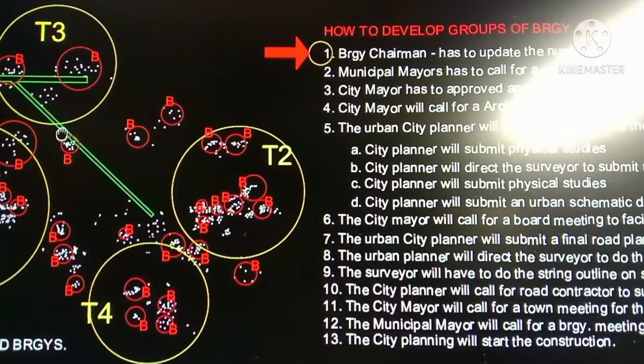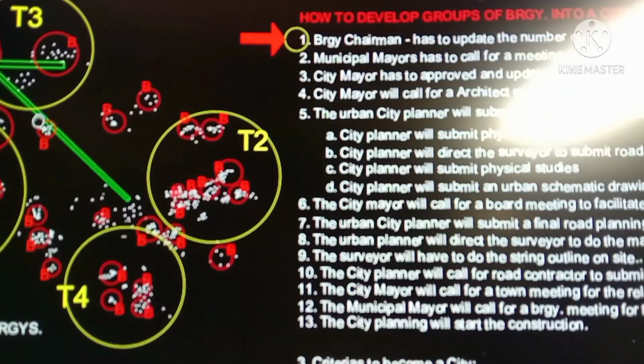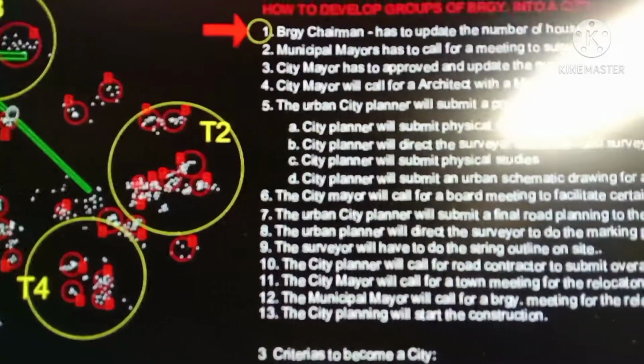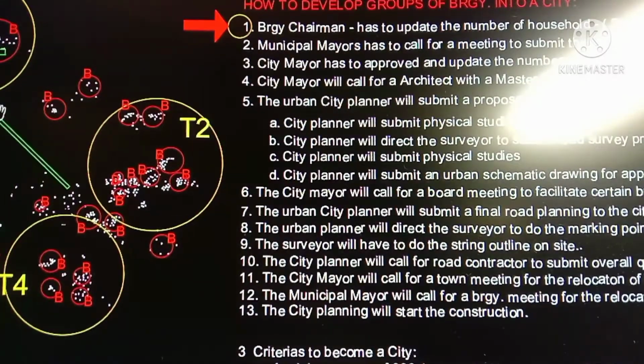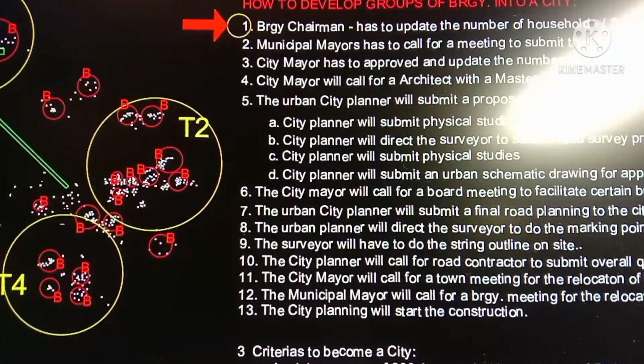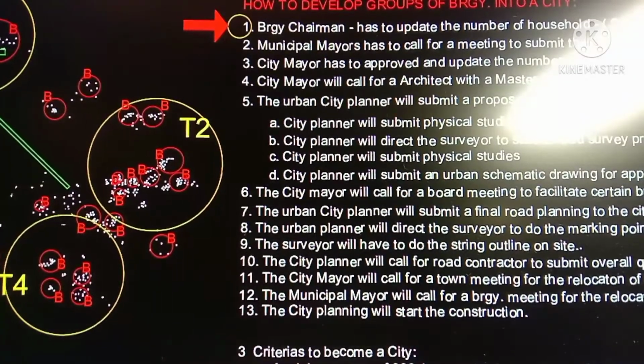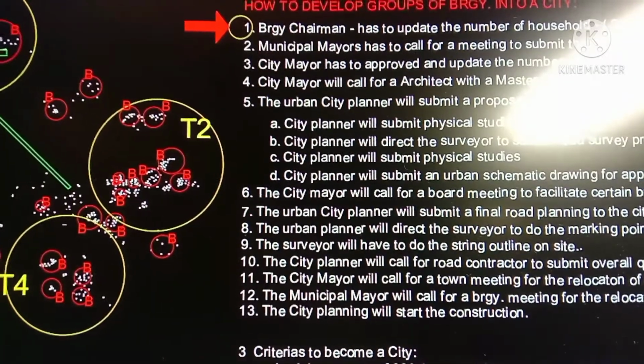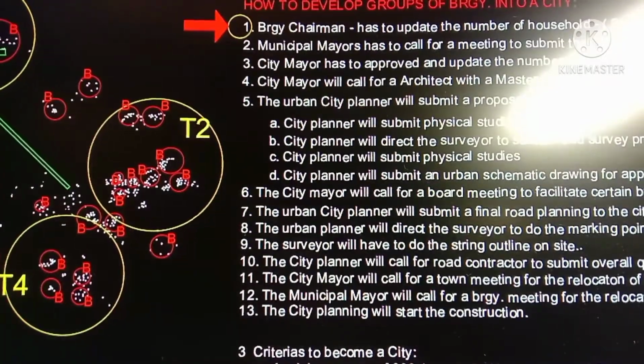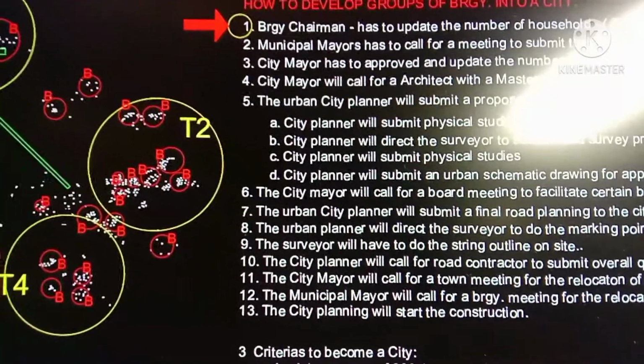Once approved by the majority of the town council, the city mayor will have to call for an urban planner. The urban planner must be an architect who has a background of a master's degree.